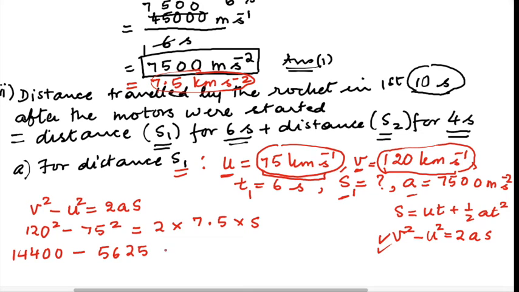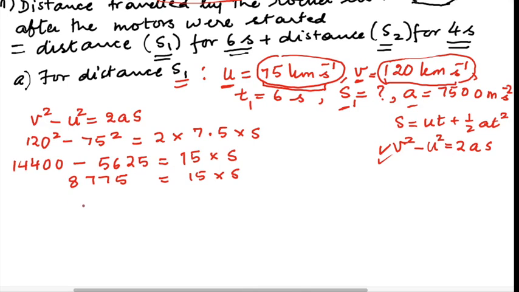I will put the link so you can look at that video also. And here it will be 7.5 into 2 is 15. So 15 into S. Now when we subtract this, we get 8775 equal to 15 into S.